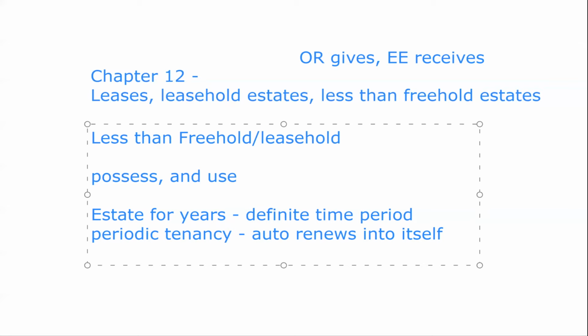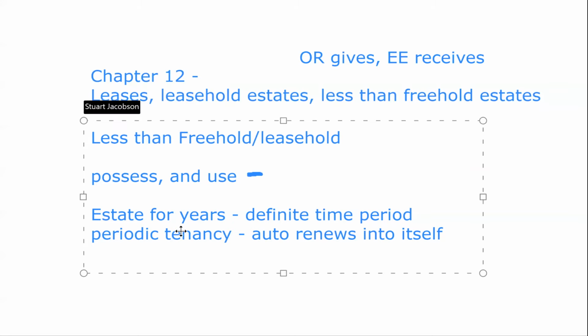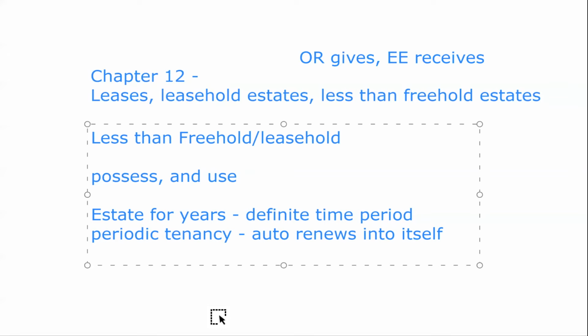The lessee is the tenant or the one who has the right to possess and use the property, right? Because when you have a less than freehold or leasehold estate, you have the right to possess and use it. So the one who has that right is exactly that, the lessee.